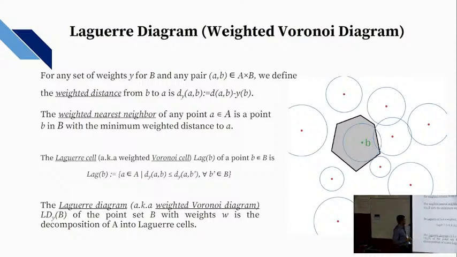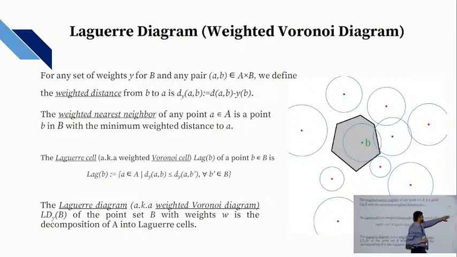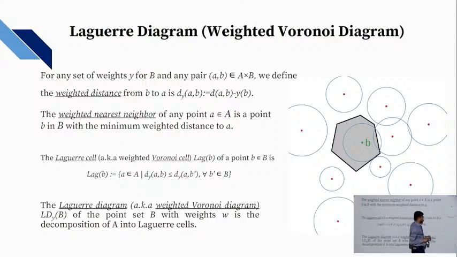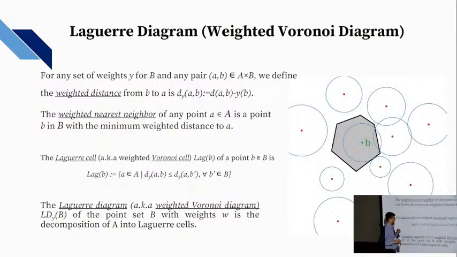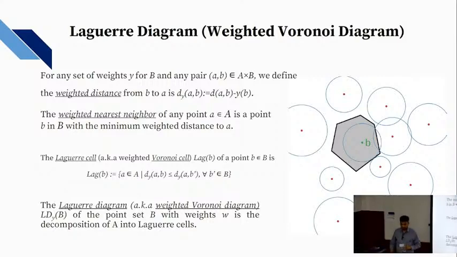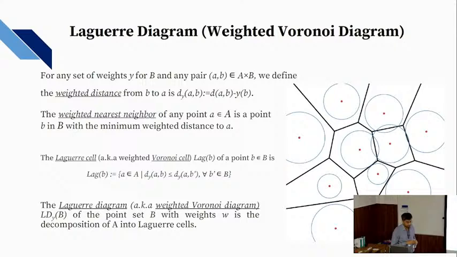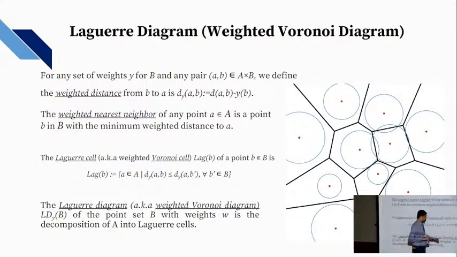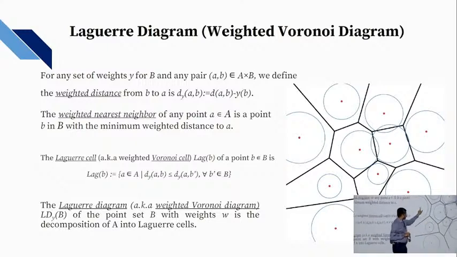The Laguerre cell, or the weighted Voronoi cell, is simply the set of all points whose weighted nearest neighbor is this point B. So the Laguerre cell of B is the set of all points in the support of A whose weighted nearest neighbor is B. And the Laguerre diagram, or the weighted Voronoi diagram, is simply this: remember each of these red points has a weight associated with it.